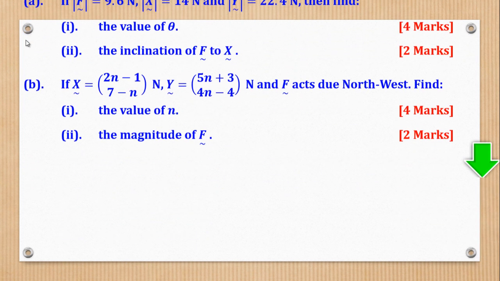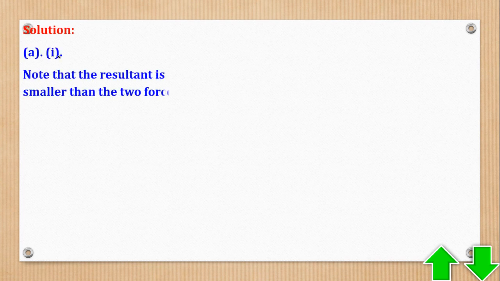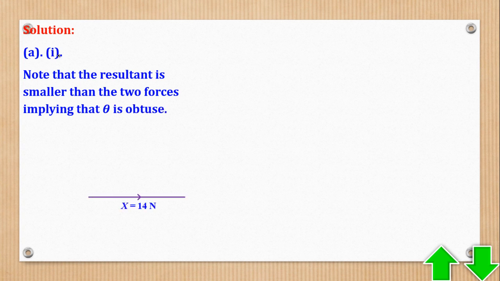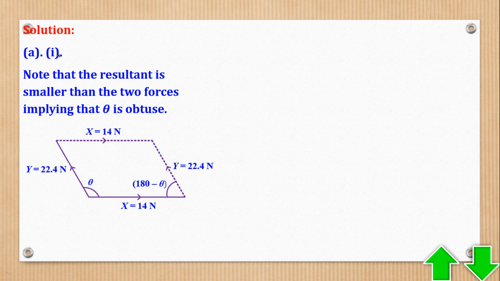So when making our sketch, we shall draw a parallelogram such that the inclination is obtuse. That is force X, then force Y. Then we need to complete our parallelogram with dotted lines and then draw our resultant.